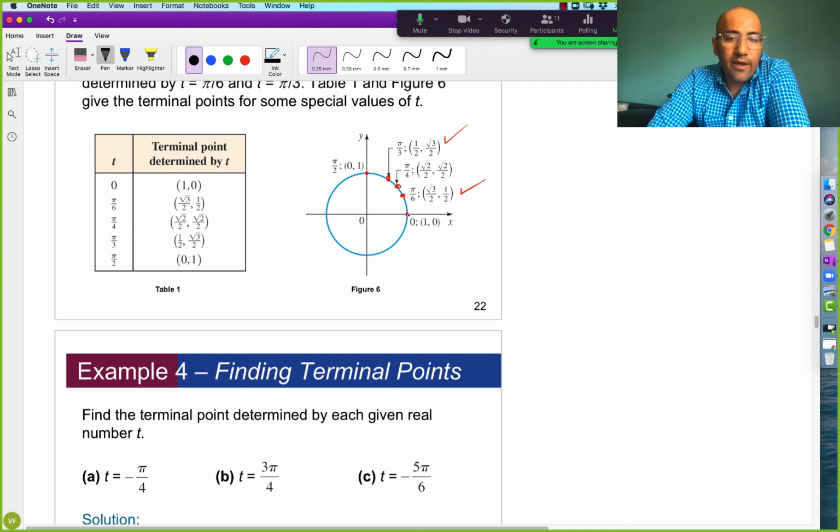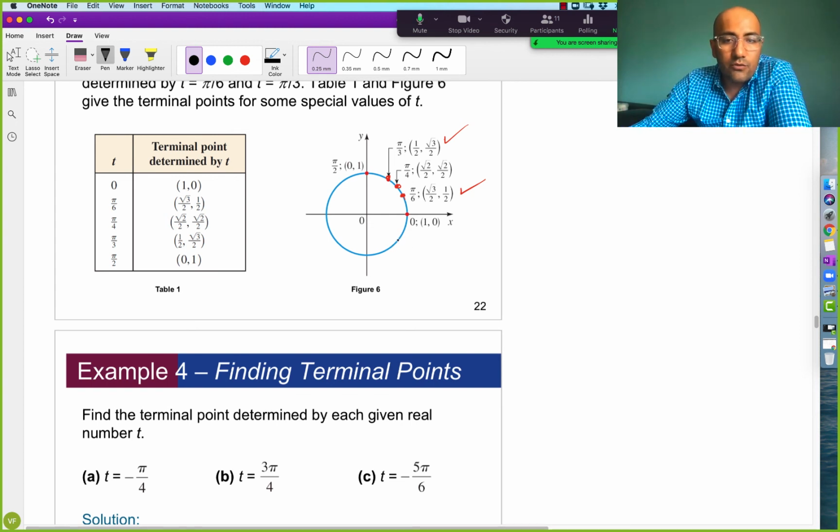If it's negative pi over 4, then it's going to extend out here into quadrant 4. And that distance is symmetric to the distance there, for positive pi over 4. So it'll have something to do with this. We just keep track of the fact that the x-coordinate is positive and the y-coordinate is negative.